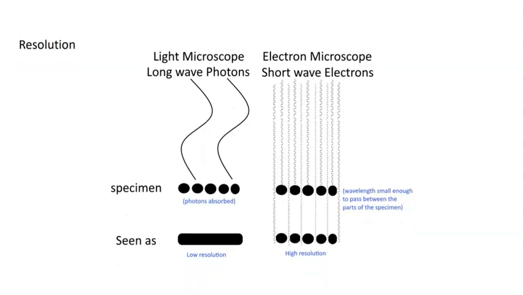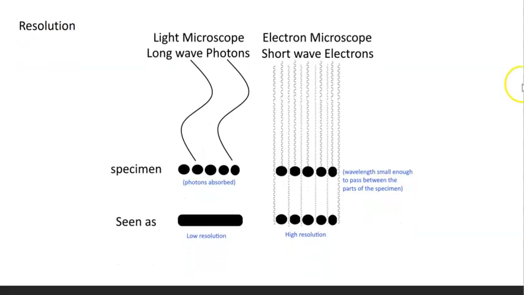The advantage of an electron microscope relates back to these electrons and the fact that the electrons can be thought of as traveling in short wavelength form. Light comparatively works with long wave photons. Our specimen is here, and our specimen is composed of these 5 units.